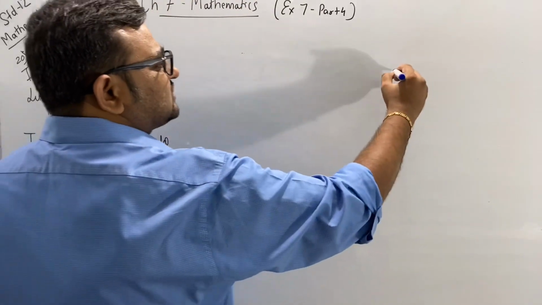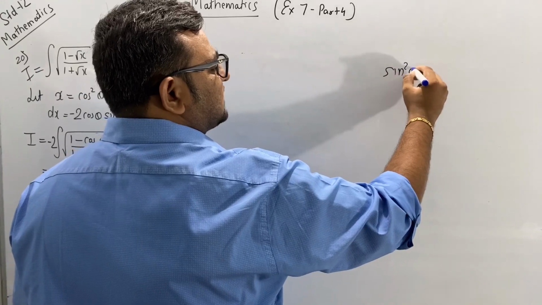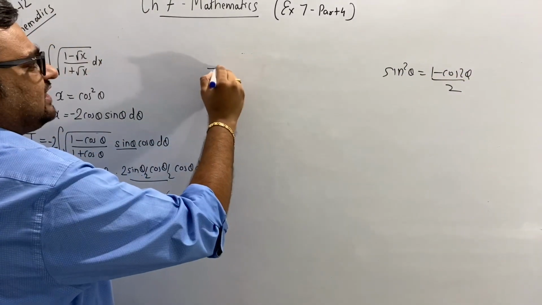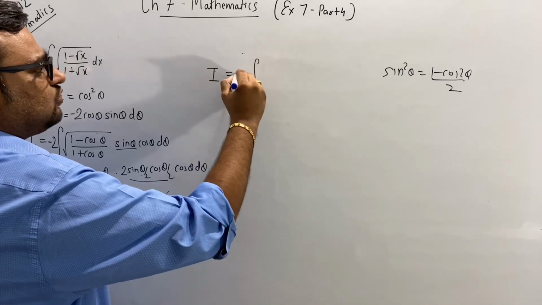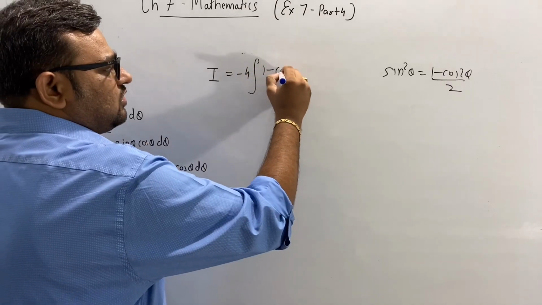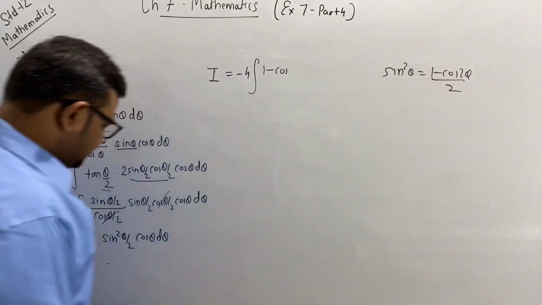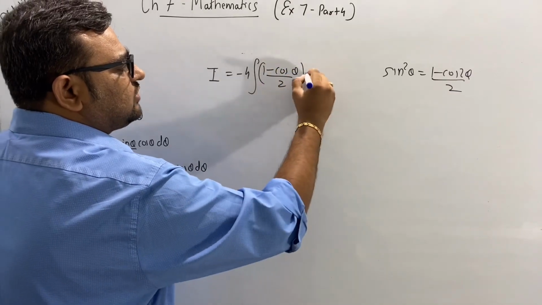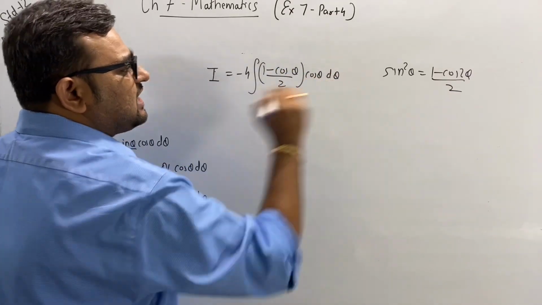I will use this formula. So here our integral will be equal to minus 4 instead of sine square theta by 2, 1 minus cos theta by 2, into cos theta d theta.